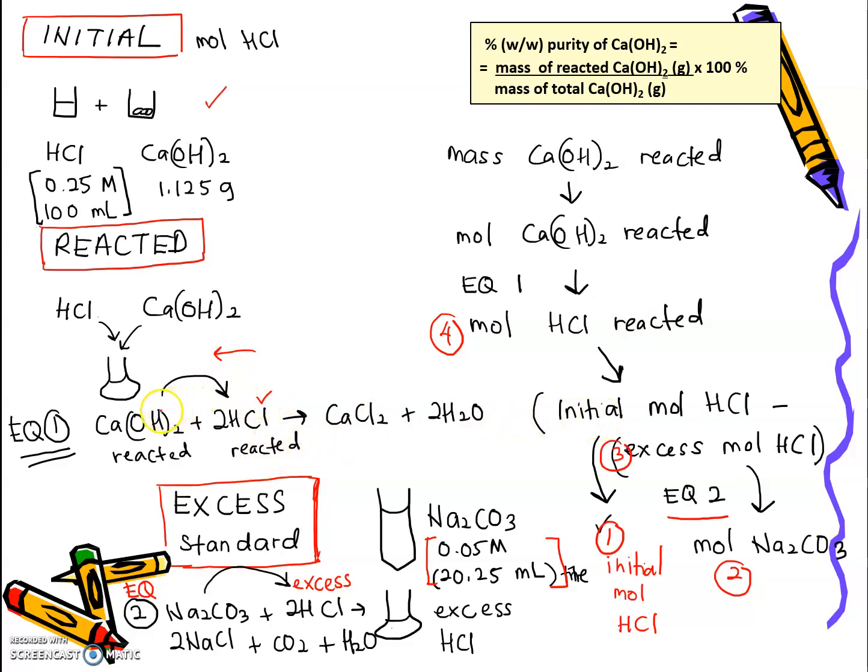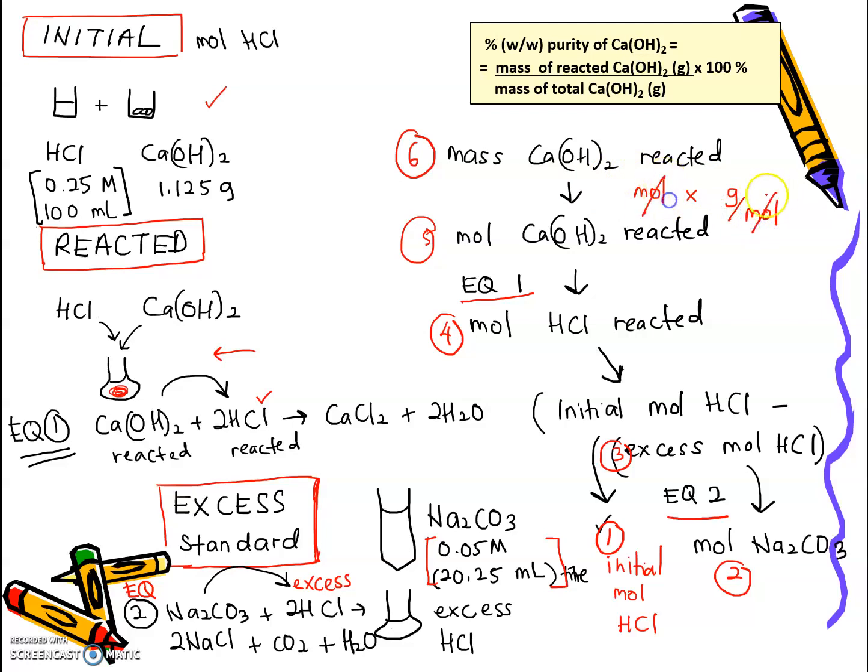So to find mole calcium hydroxide reacted, masa reaction ni nak dapatkan mole calcium hydroxide reacted, comparing equation 1 to get number of mole of calcium hydroxide reacted. So after you get mole calcium hydroxide reacted, you can find mass of calcium hydroxide reacted, from number of mole times molecular weight of calcium hydroxide, in unit gram per mole.